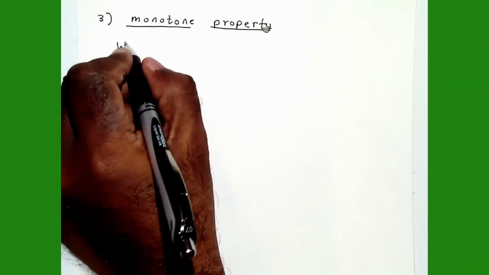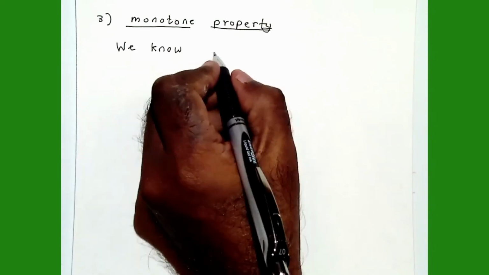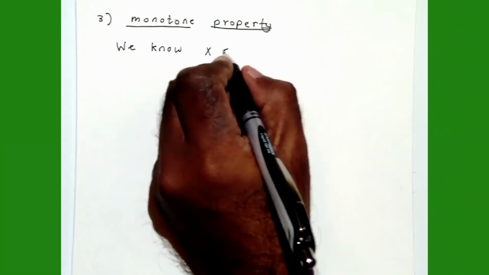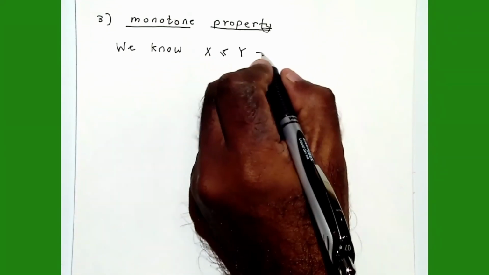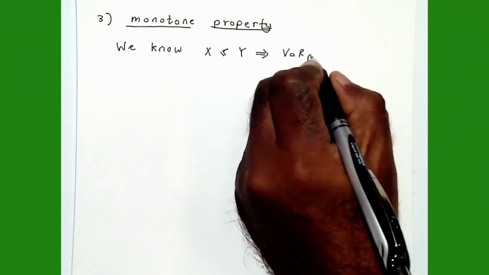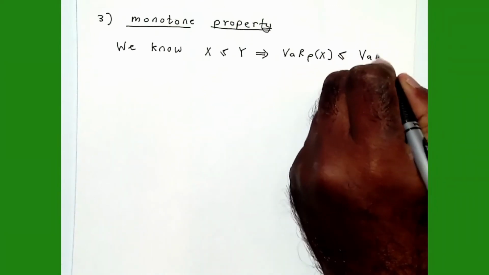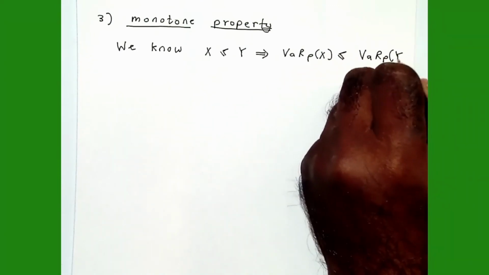Once again, we have proved that if x is less than or equal to y, then VaR of x is less than or equal to VaR of y.